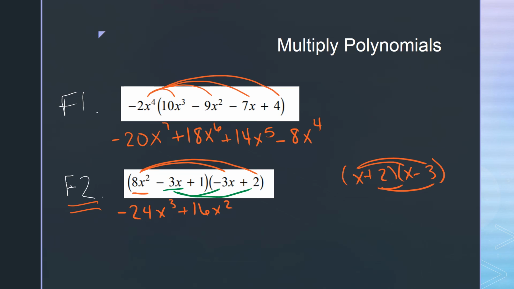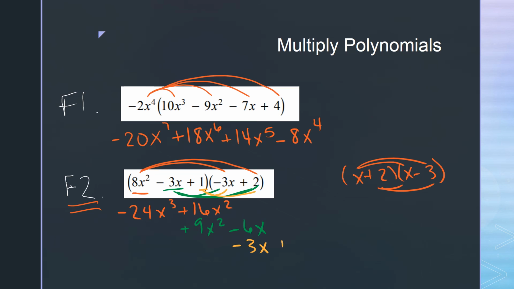Now I like to do the stacking method where since I already see the 16x squared, I'm going to put my plus 9x squared on top of it. And then I have negative 3x and 2 is negative 6x. And then the last one, the 1, I'm going to distribute that to negative 3x. So I'm going to stack it with its like term.